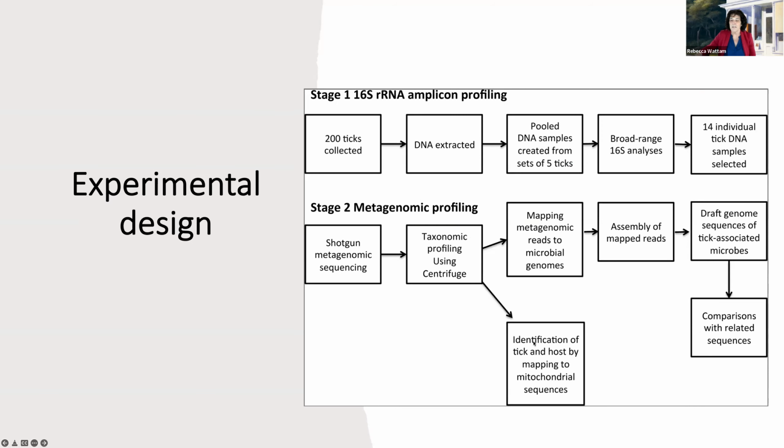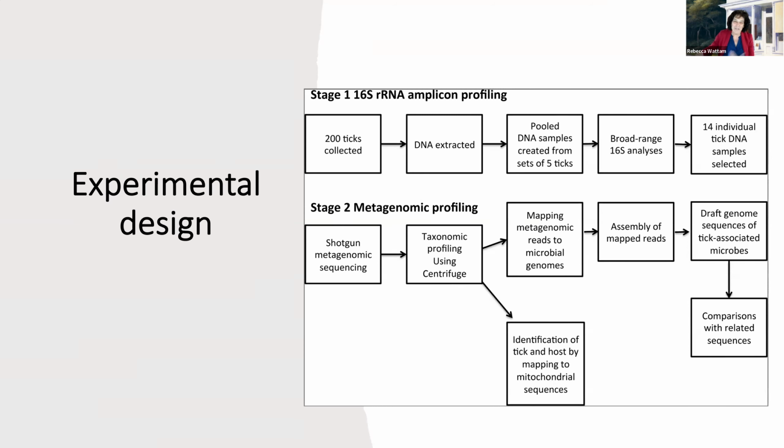Now, at this point, they took the data and mapped it to mitochondrial sequences to identify both the tick and the host. That is something we couldn't do in BV-BRC, but you could certainly map to the tick in our sister BRC, ViewPathDB, sorry about that.